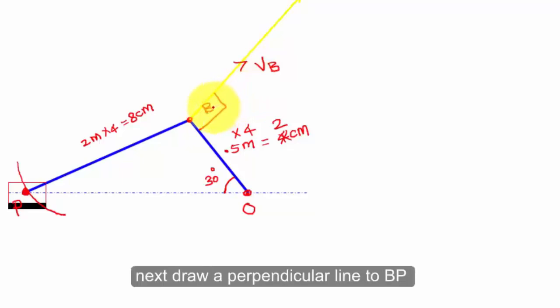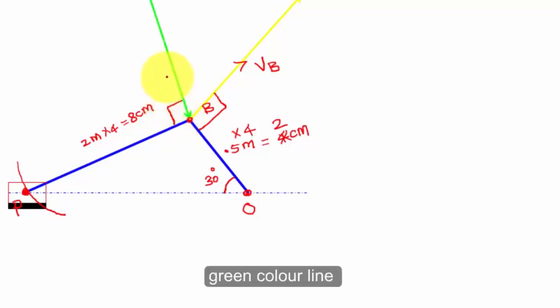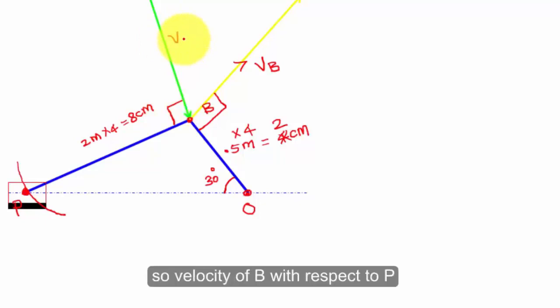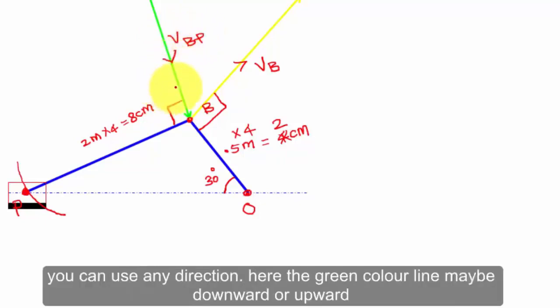Next, draw a perpendicular line to BP. Here, the green color line is the velocity of P with respect to B. You can use any direction. Here, the green color line may be downward or upward.